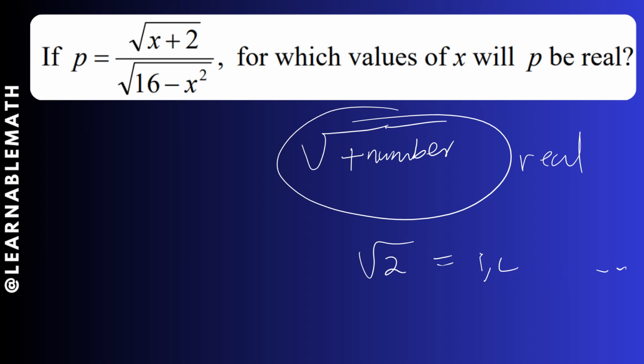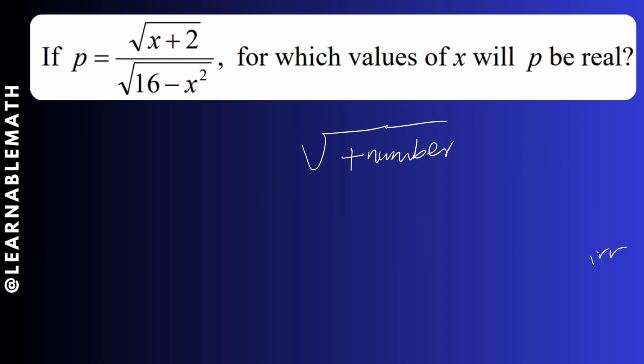Real numbers in the number system include rational numbers, irrational numbers, integers, natural numbers and all that, so it's an umbrella of quite a number of things. But the key thing in this question is that for it to be real, whatever is in the square root must be greater than or equal to 0.